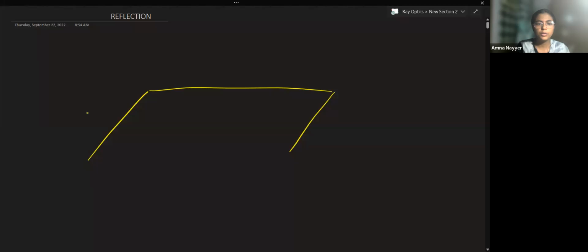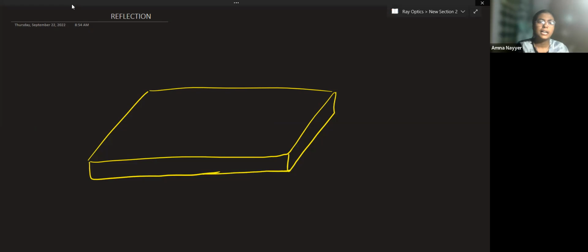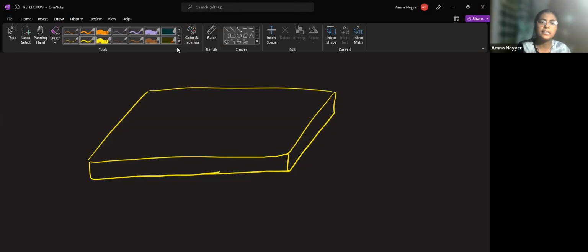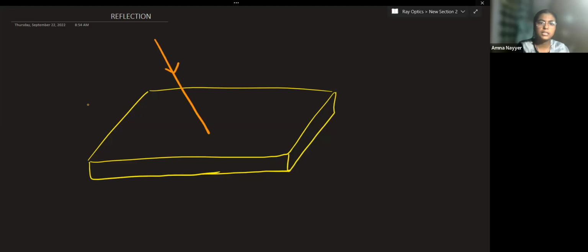So, understanding reflection. If you have a surface, let's say this is a plane surface that we have, and a ray of light is incident on this, this is the incident ray.